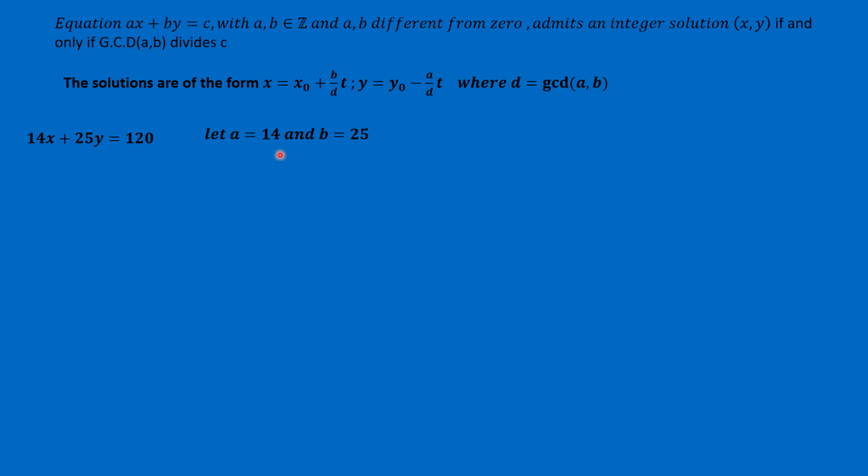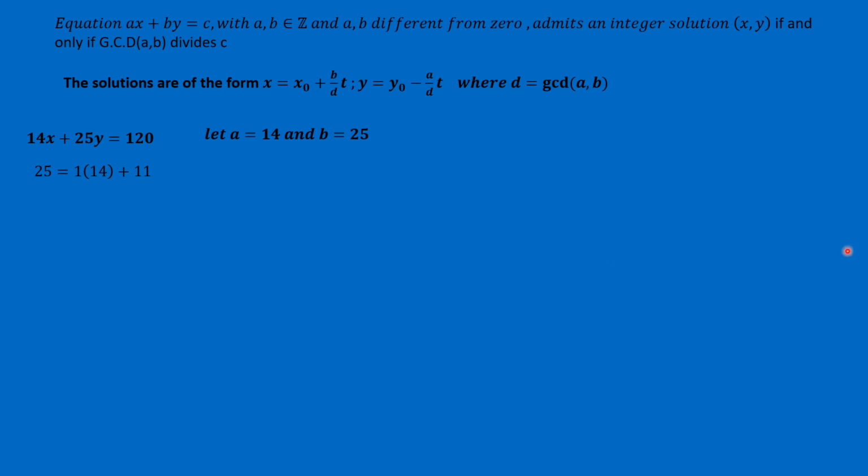To do that, we start with the bigger number and divide by the smaller one. So we take 25 divided by 14. It will go 1 time, remainder 11. Now the next thing, we take the old divisor and divide by the new remainder.